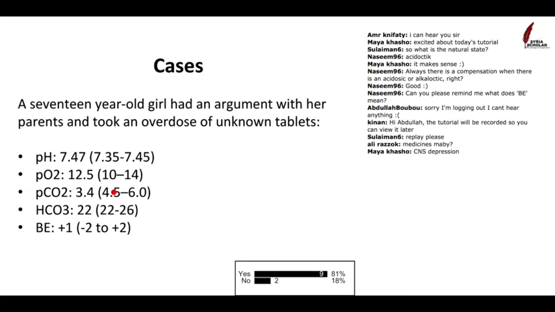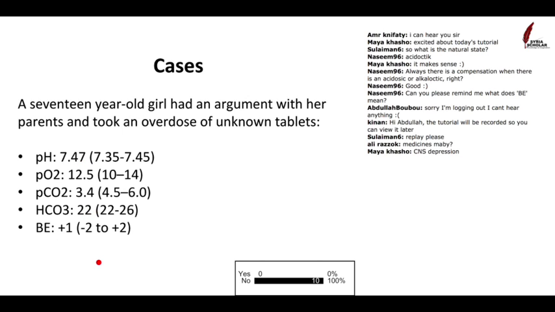Yep, the pH is explained by the CO2 level because the CO2 is low and she's alkalotic, so she's having a respiratory alkalosis. Is the pH explained by the bicarbonate? Good, the pH is not explained by the bicarbonate because she's alkalotic and it's on the lower side.